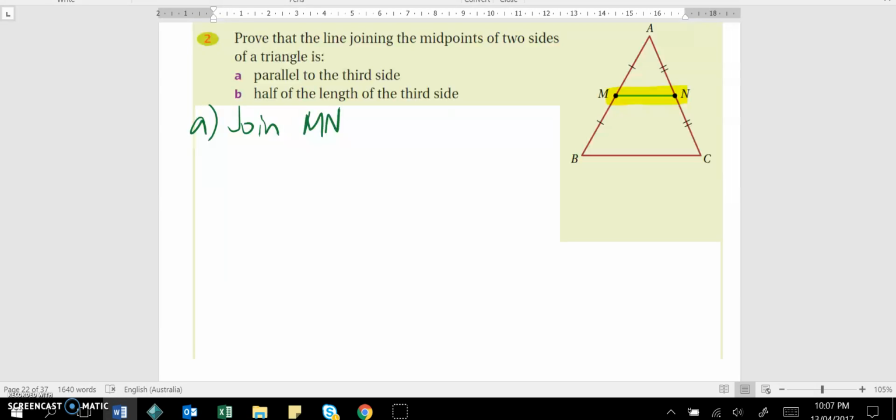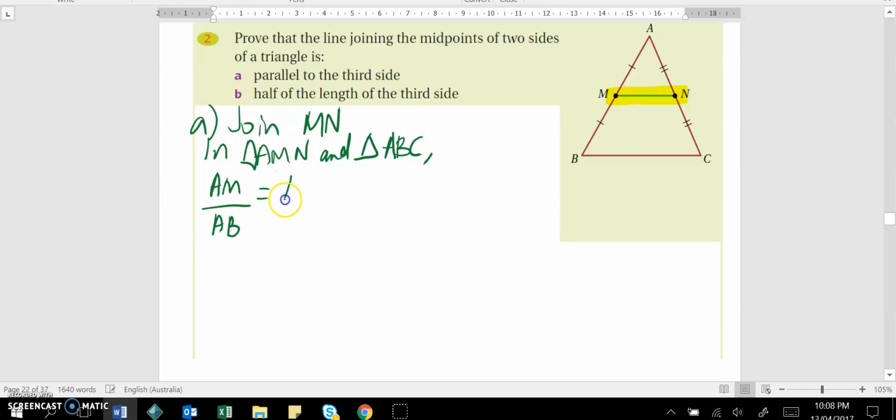Okay. The next thing I need to do is write down the ratios of things. So in triangle AMN and triangle ABC, what I can say is that AM over AB equals AN over AC, and that is exactly 1 over 2.